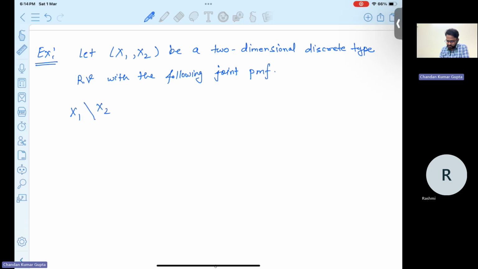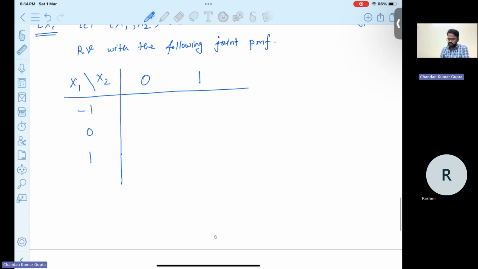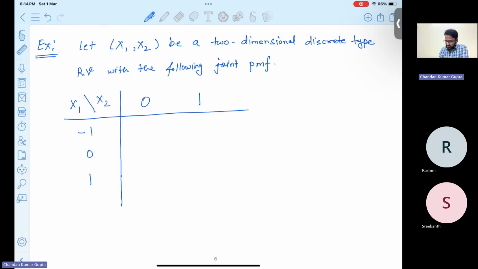Suppose the value of x2 is either 0 or 1, and for x1 it is either -1, 0, or 1. So the distribution of probability is like 1 by 7, 2 by 7, 1 by 7, and 1 by 7, 1 by 7, 1 by 7.